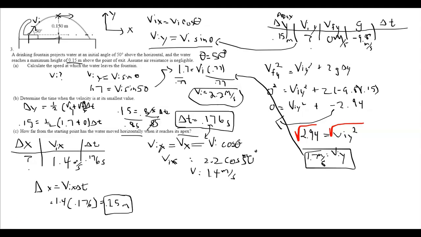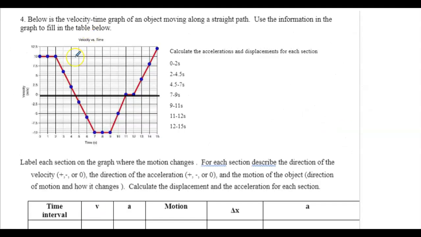Okay. So the last part we're getting into is the reviewing of velocity versus time graphs. For velocity versus time graphs, you look at the graph and it's displaying how the velocity of the object is changing, or what the value is, as time goes by. So we're going to answer different questions about accelerations and displacements, and then just what's going on.